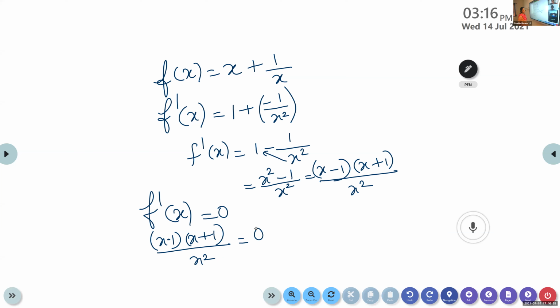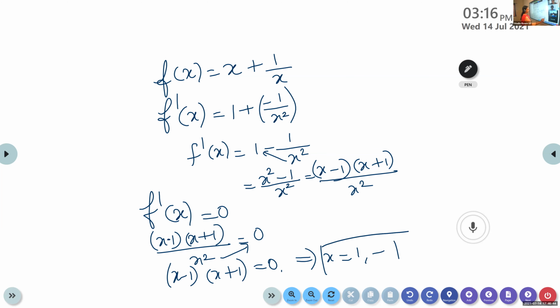Therefore, when you cross multiply, x minus 1 into x plus 1 is 0. Therefore, we get x is equal to 1 or minus 1. We solve and find the values of x.